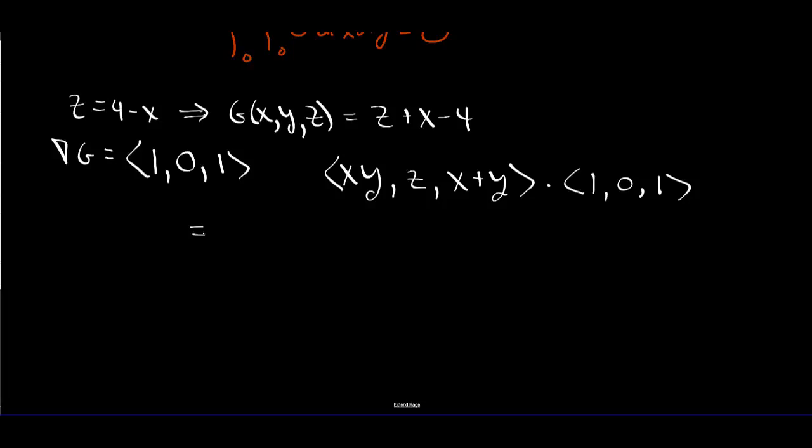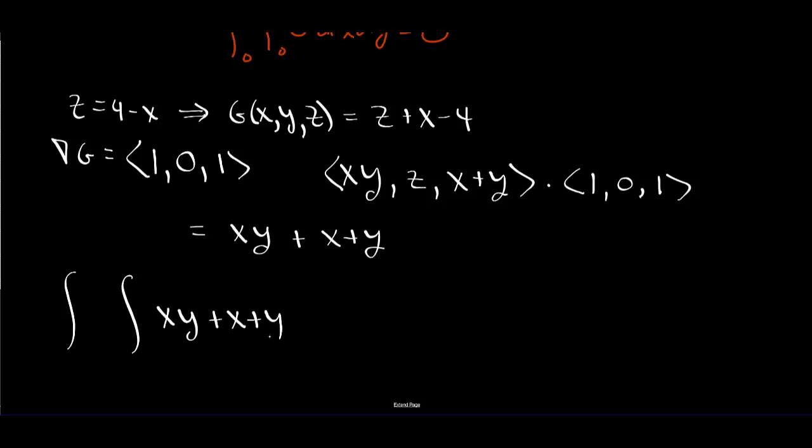But now, here's what we get. We get xy plus x plus y. Now, that's what we've got to integrate. Okay, so I'm going to integrate xy plus x plus y.